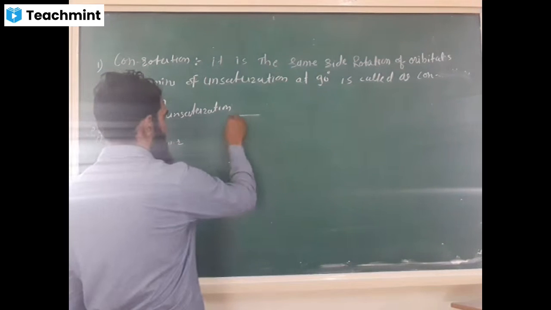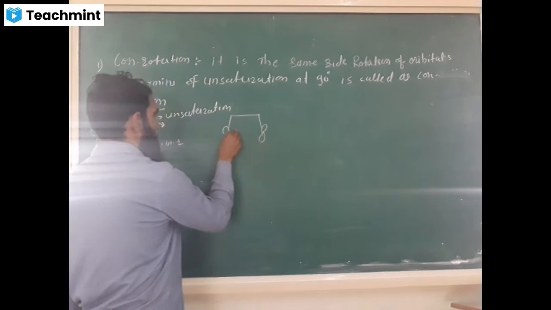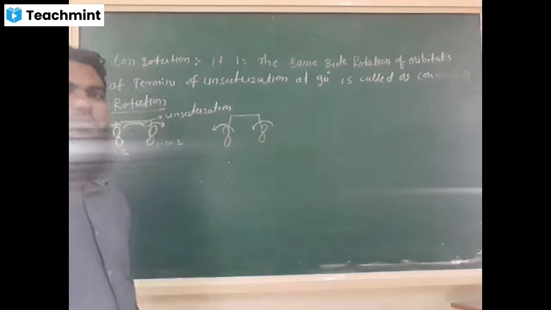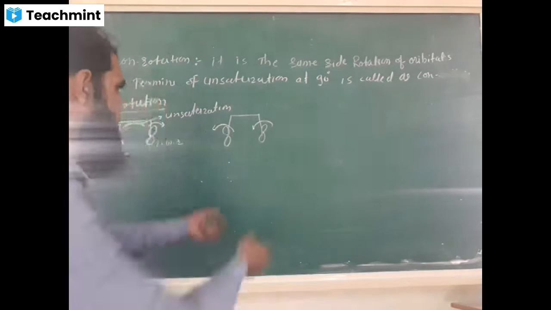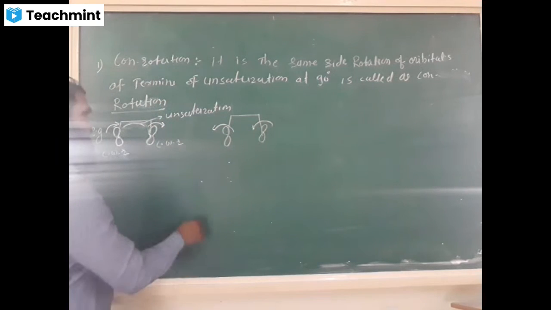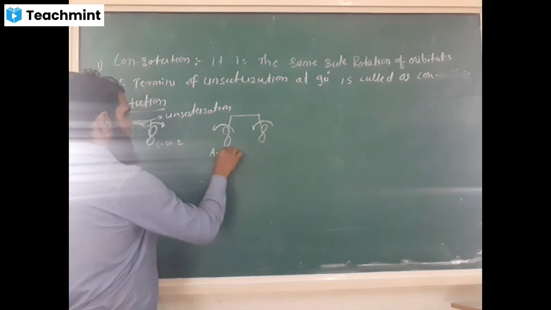Or, for example, this is an unsaturated system, and both lobes are rotated anti-clockwise during bond formation. To form this bond, these two orbitals must be rotated, and this rotation is anti-clockwise.